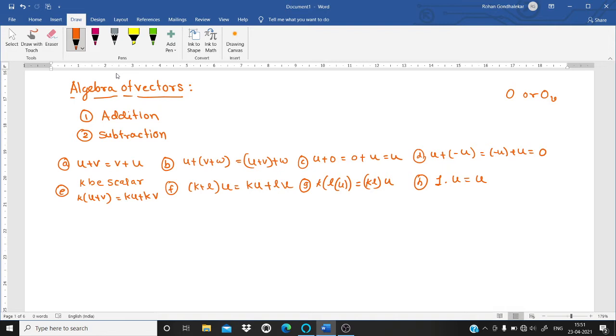Similarly, see the last property, 1 into u is equal to u. So 1 is a multiplicative identity, as I'm multiplying 1 by any vector quantity, I'll get the vector back. So these are the properties which are satisfied by the vectors.